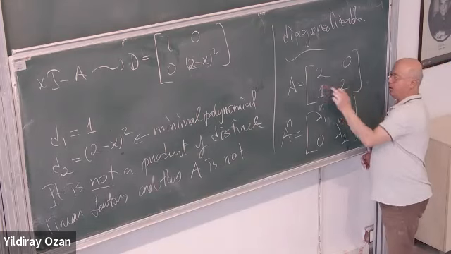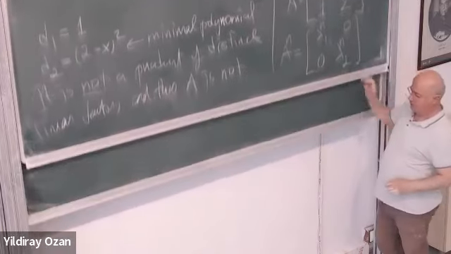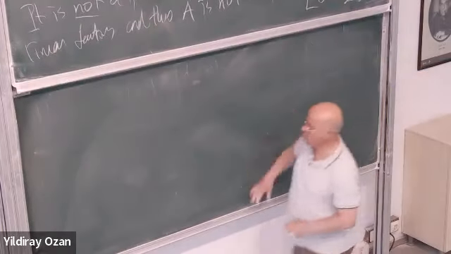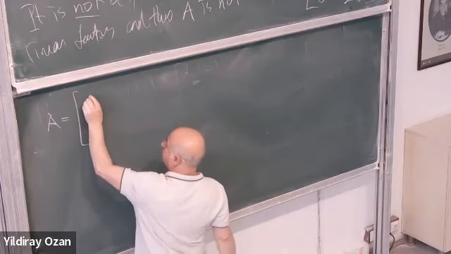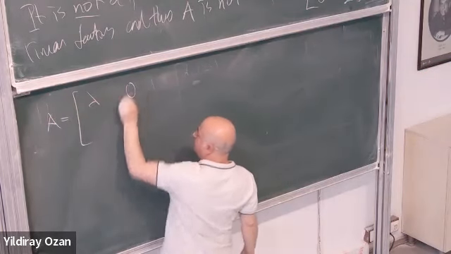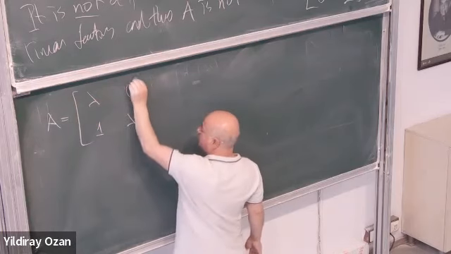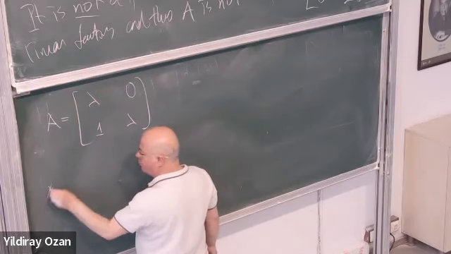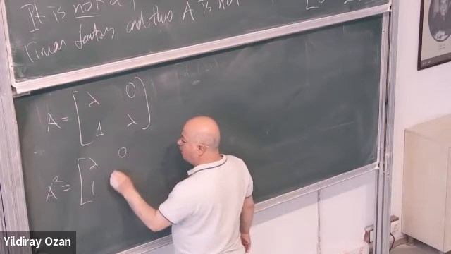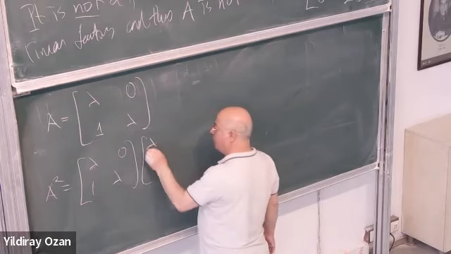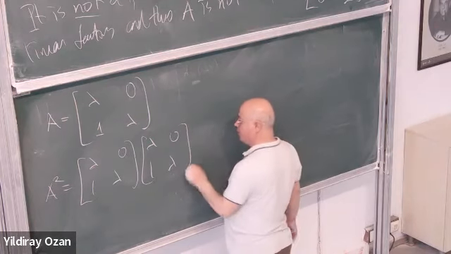Well, actually, this form is not too bad. Why is that? To see, if A has a form like this, let's say lambda, 0 and 1, lambda. So what is A squared? It is lambda, 0, 1, lambda times lambda, 0, 1, lambda.